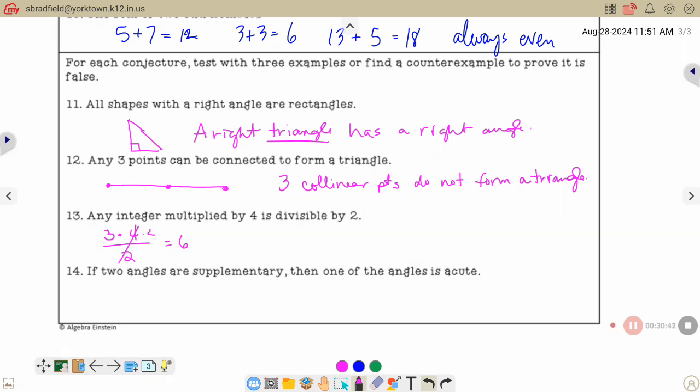So because we can divide 4 by 2, any product with the 4 will also be divisible by 2. It says it wants us to give 3 examples if we think it's true. Another one would be 17 times 4 over 2. Well, again, divisible by 2, that is 34.